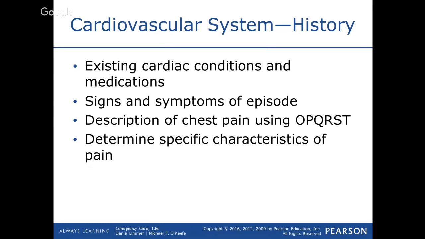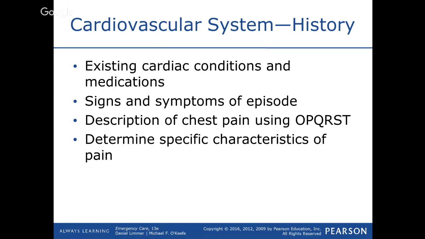I can't catch my breath. You listen, they're clear. You put a pulse ox on, 100%. They're not really anxious or anything like that. Maybe a little anxious, but they don't have anything going on that would make them anxious. It turns out that could be a cardiac event. They call it a silent MI, one that doesn't have those typical signs, and that gets a lot of people.